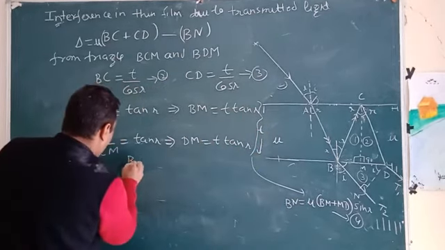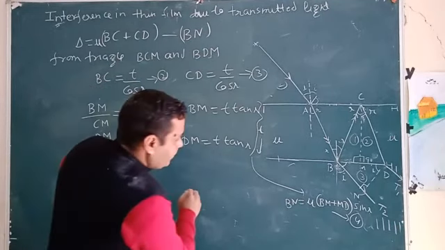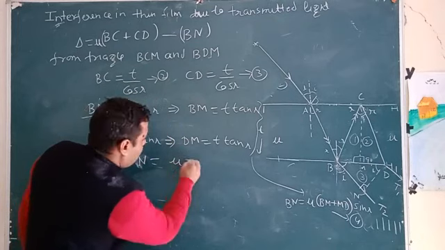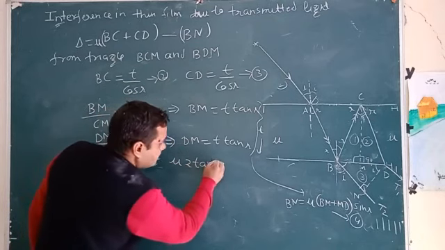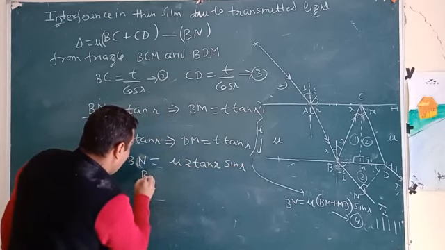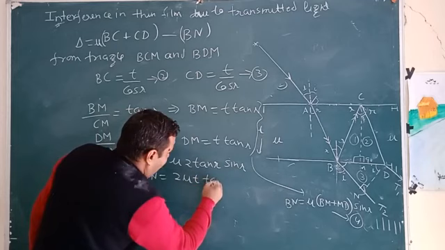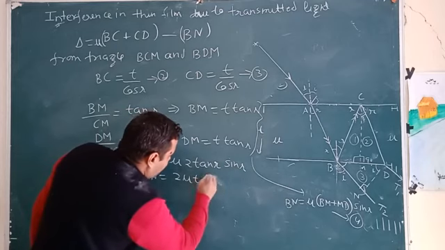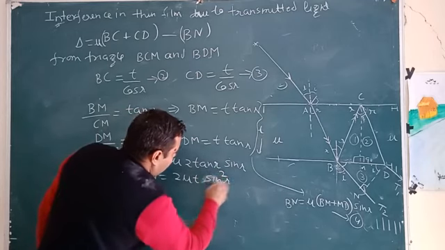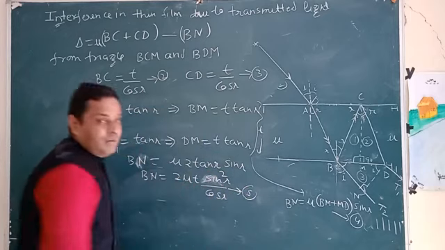We get BN is equal to mu times 2T tan r times sin r, that is BN is equal to 2 mu T sin square r upon cos r, that is equation number 5.